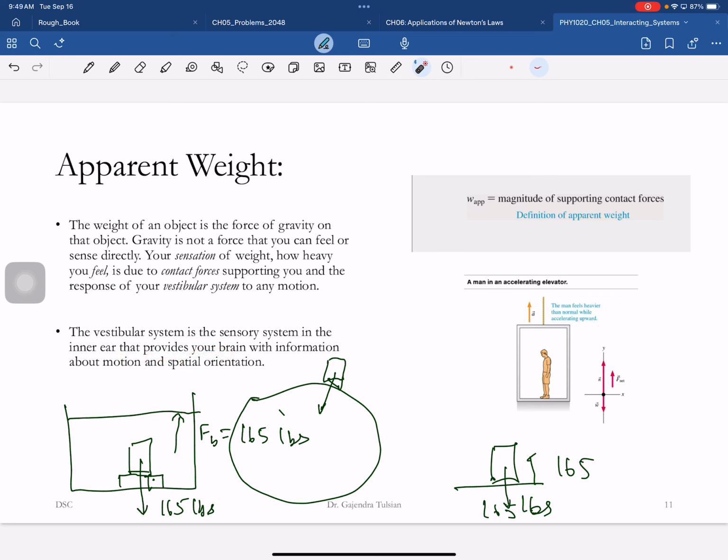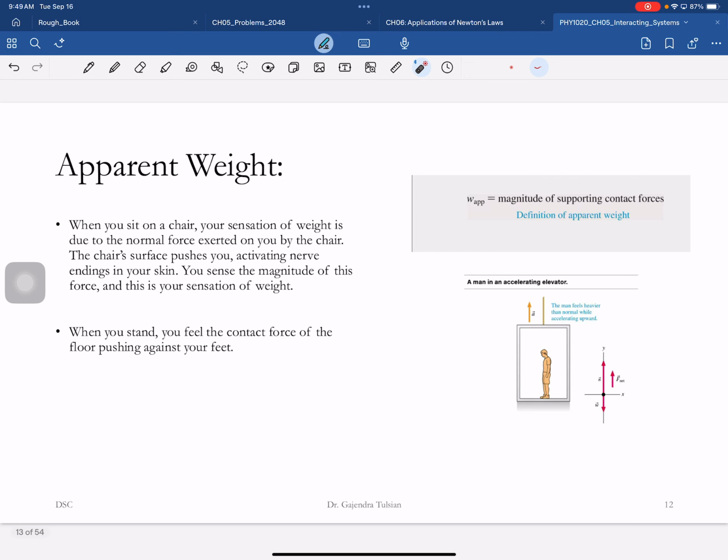So your apparent weight is a combination of those two. When you're still, it's just the contact force that's pushing you. When you sit on a chair, your sensation of weight is due to the normal force exerted on you by the chair. When you stand, the contact force of the floor pushing you against your weight is your apparent weight. So your apparent weight is the magnitude of the supporting contact forces.